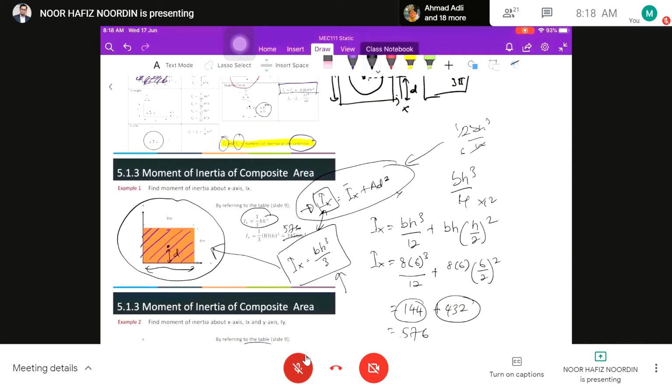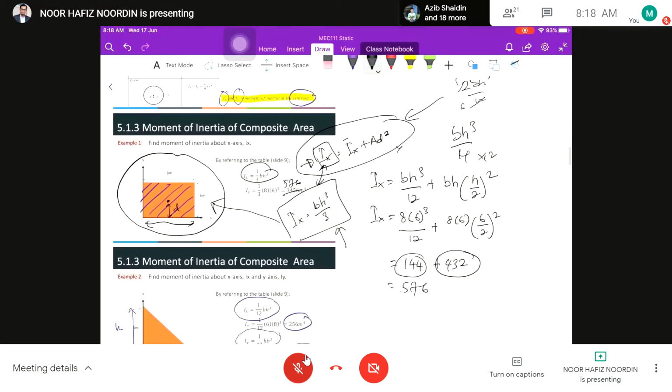So actually, to be safe, just use the formula Ix equal to I bar X plus AD squared. As for BH power of 3 divided by 3, I won't say ignore it, but you must know that formula exists. But actually that formula can only be used to solve problems like the figure in example 1, which is exactly on the axes, the Y and X axes. When the shape has moved away from the axis, then whether you like it or not, you must use the formula Ix equal to I bar X plus A D squared. Okay, clear?